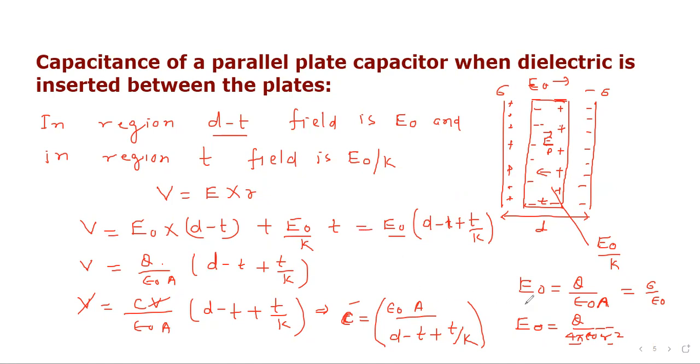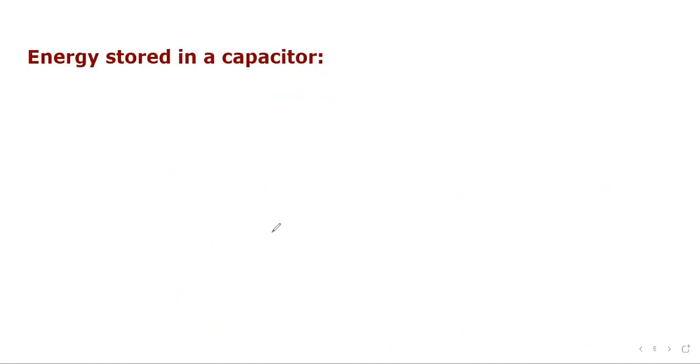Now let's consider the next concept, energy stored in a capacitor. These are two plates of capacitor. Charge density plus sigma, minus sigma. So here we are not going to write that thing.